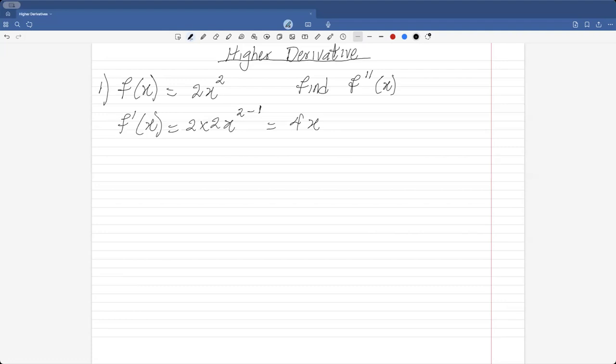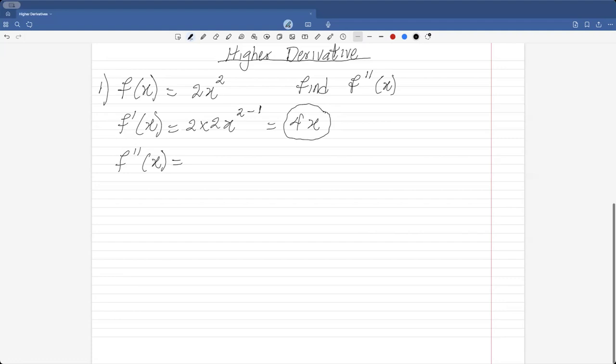So the second derivative, which is the actual question, is f prime prime x equals, so this means that we take this first derivative and find its derivative again. So the first derivative is 4x, so we need to find its derivative again.